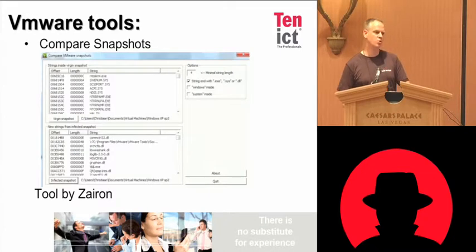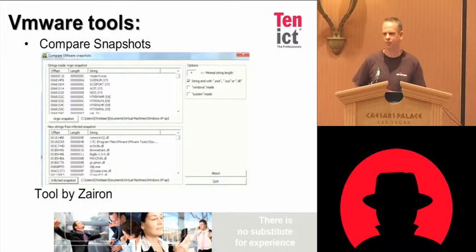And this is what I tried to mention earlier before. We need each other in the community. And we're looking for tools for investigation about virtual forensics. And there are not many of them. And actually, this tool, it's Compare Snapshots. It's a tool by Xiron. Actually, I found it in an anti-malware forum.